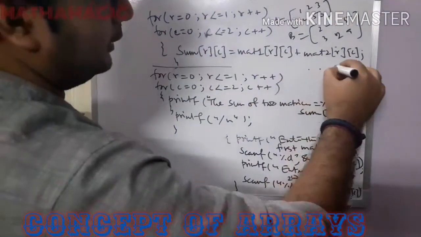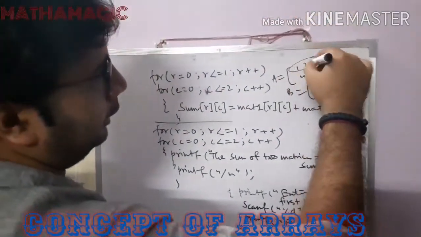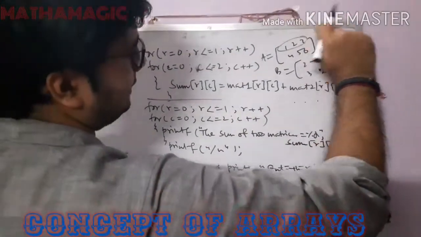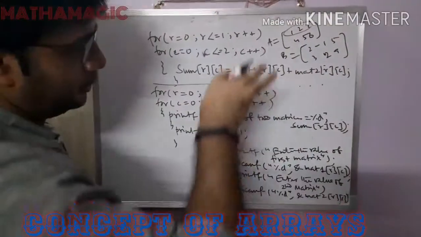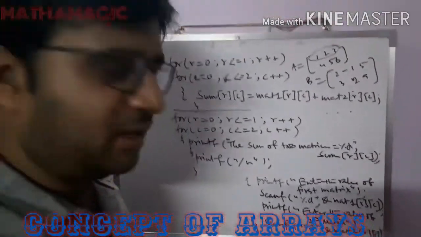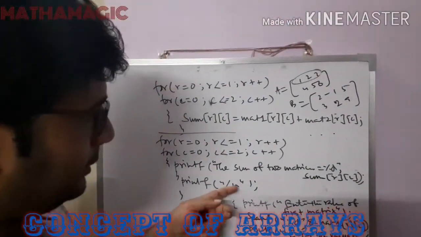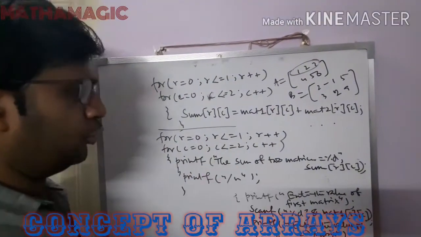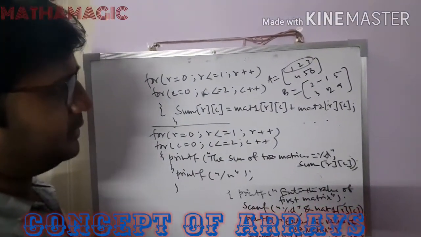Whenever this particular thing is printed, if you don't use this one, then 4, 5, 6 will come on the same line. We don't want this, because we don't want the output as a matrix. So this will give a new line, it will go to the new line. So this is it.